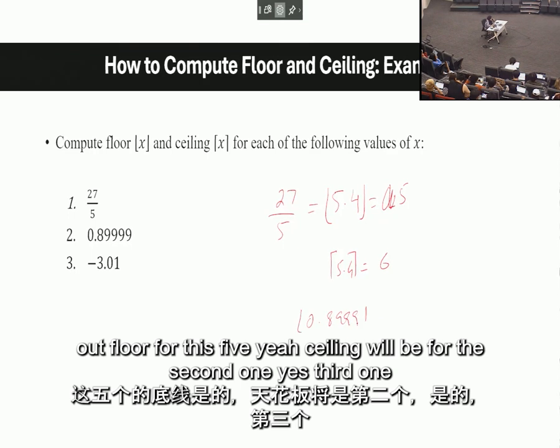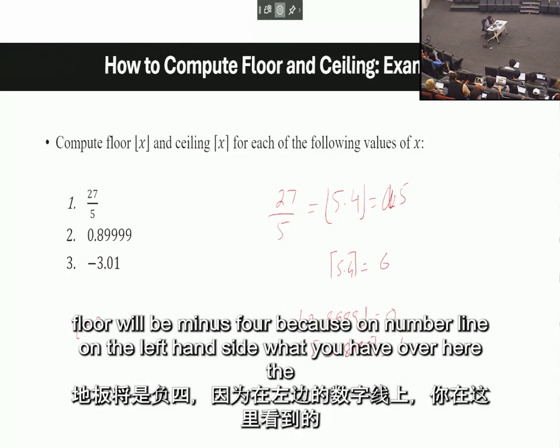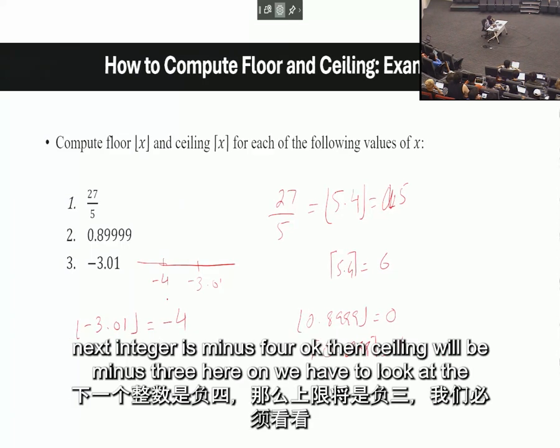For the third one, floor will be -4, because on the number line, on the left hand side, the next integer is -4.